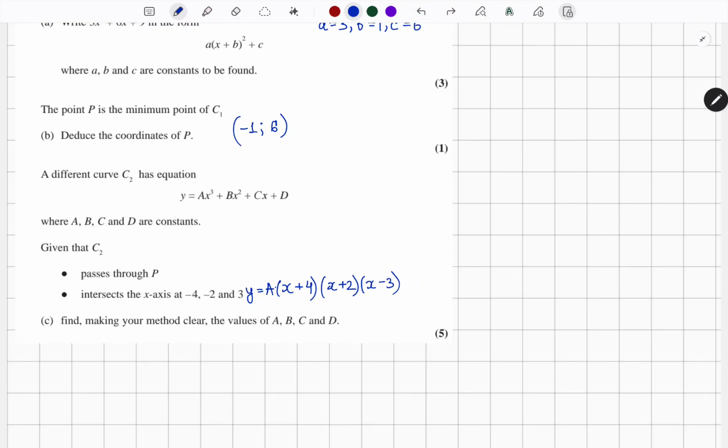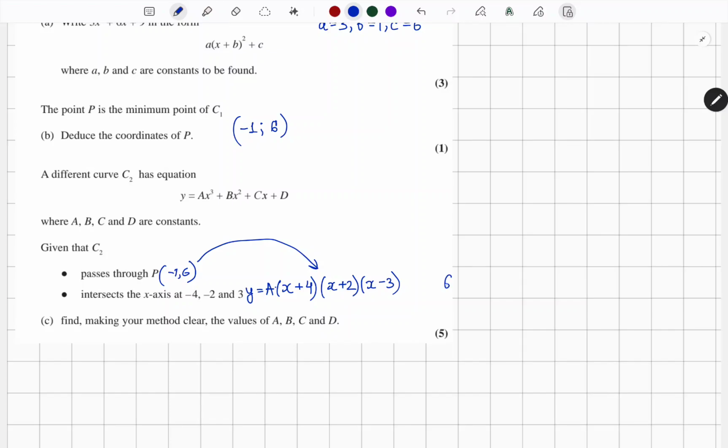Look at this form: parameter a is the only unknown. We have the information that C2 passes through -1, 6, so we can plug it in and find the only unknown, a.